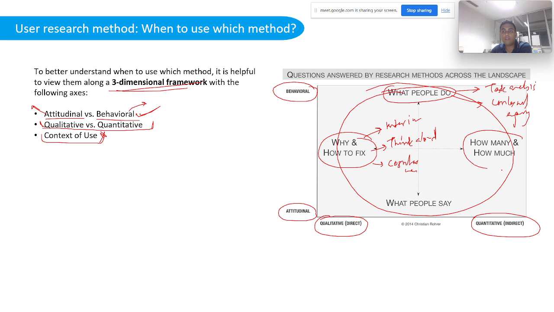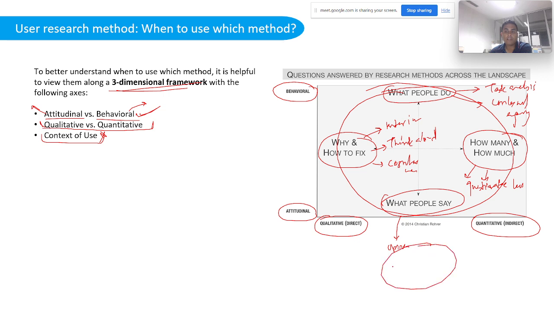You also look for how many, how much. If it is how many, how much, that means it is quantitative data, so quantitative techniques like questionnaires can be used to collect this information. And what people say is more like attitudinal information, the opinion of people.